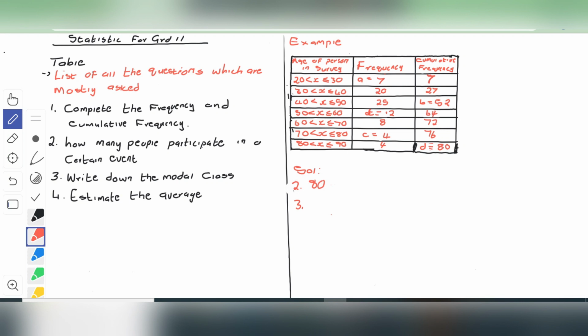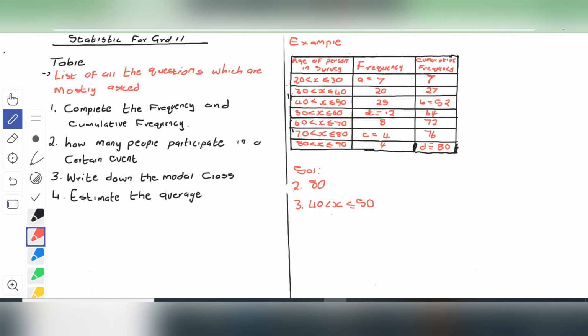But then we're not going to write 25. We take the interval of it, which is 40 to 50, right? So our answer is going to be 40 is less than or equal to x, less than 50, which is going to be this interval, from 40 to 50.